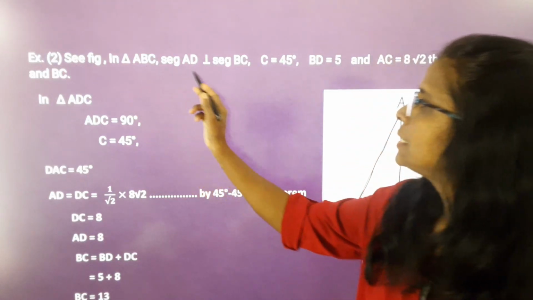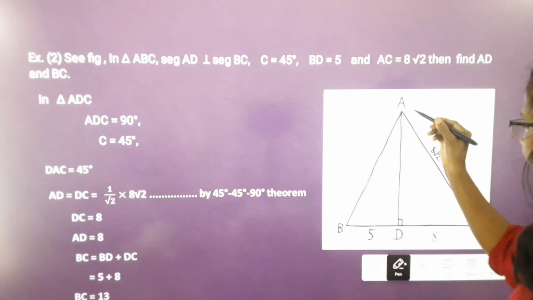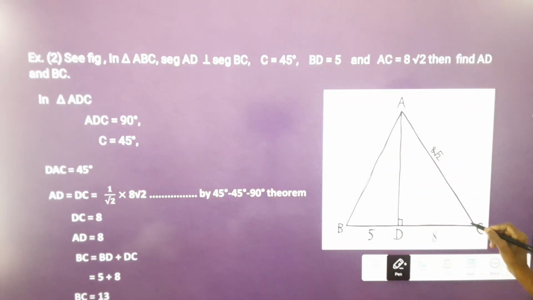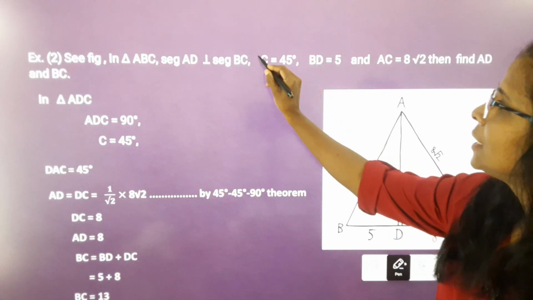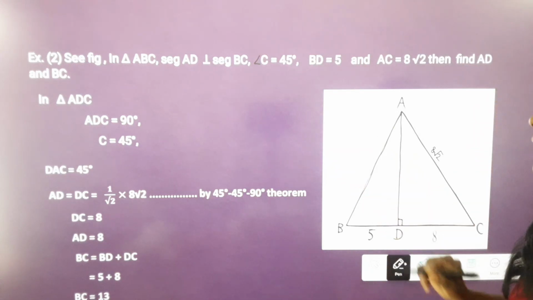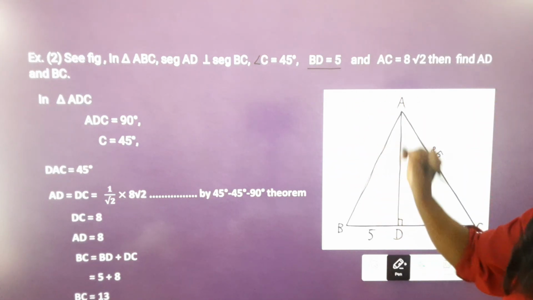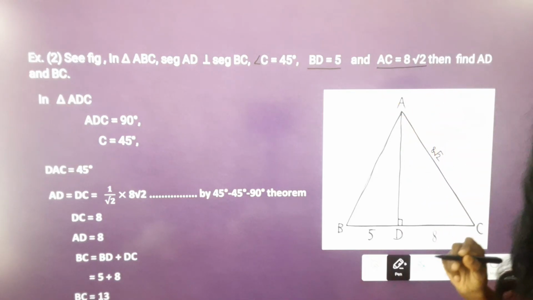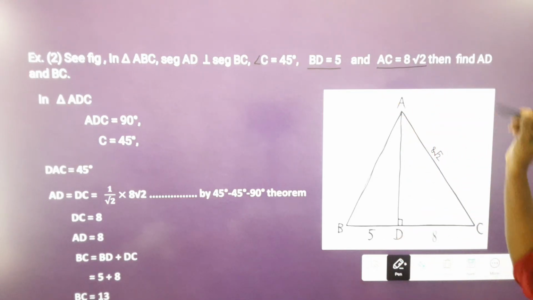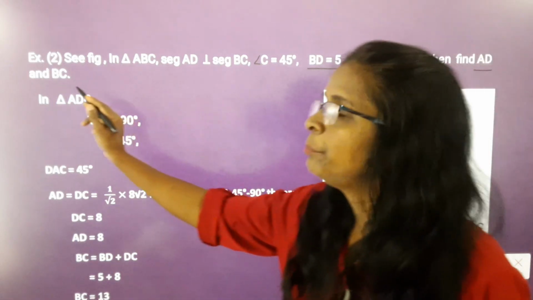In triangle ABC, segment AD perpendicular to segment BC, angle C is equal to 45 degrees, BD is equal to 5, AC is equal to 8 root 2. Then find AD and BC.